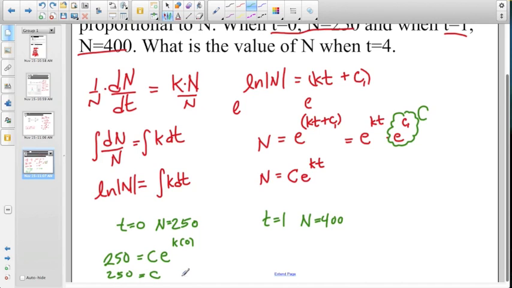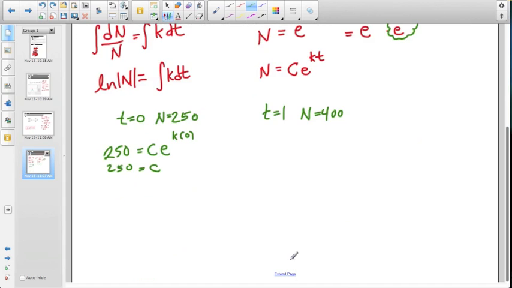Okay, and now that we know that, we can set up this condition, and that is we have an n of 400. We know we have a constant of 250, what we would call an initial condition. That might be our initial value at time t equals 0, if we're talking about a growth or decay problem, and time of 1.